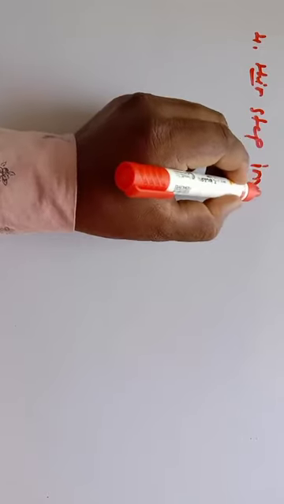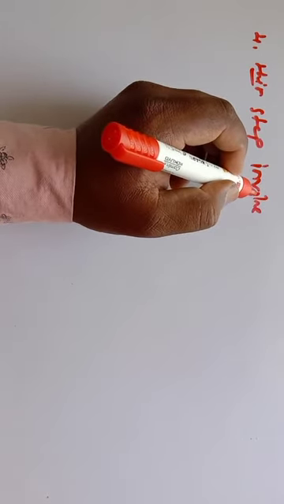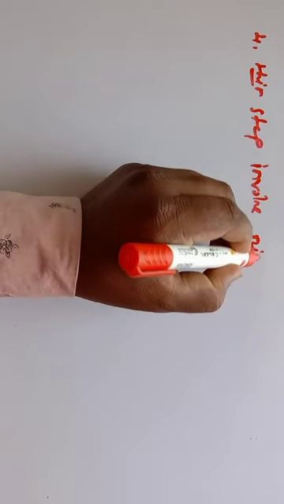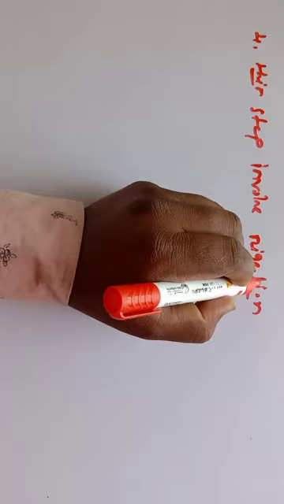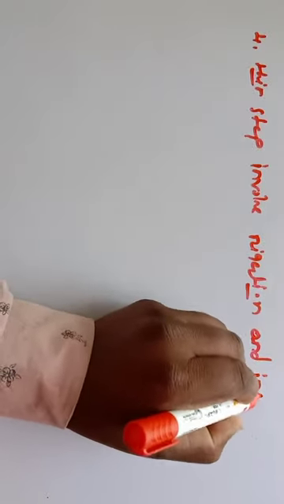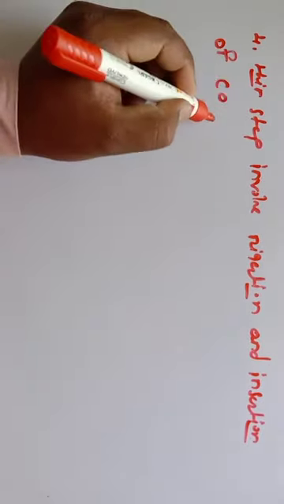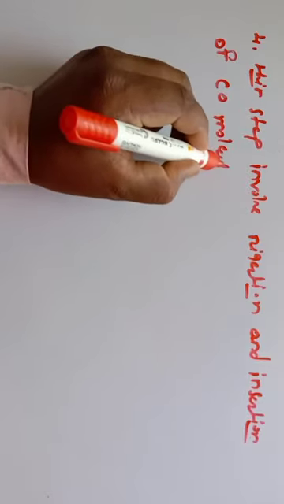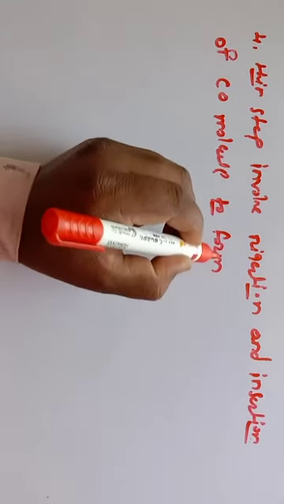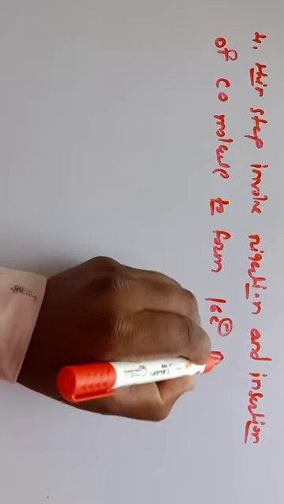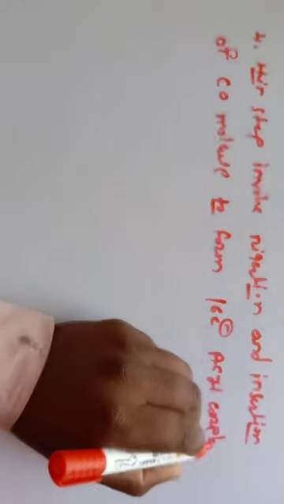If you consider the next step, that is the fourth step, this step involves migration and insertion of a carbonyl molecule to form a 16 electron acyl complex.